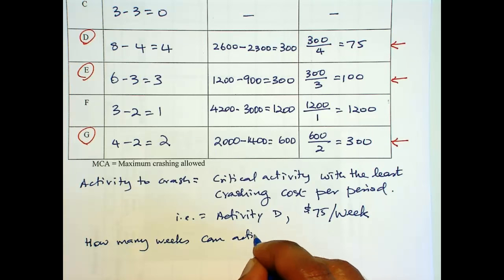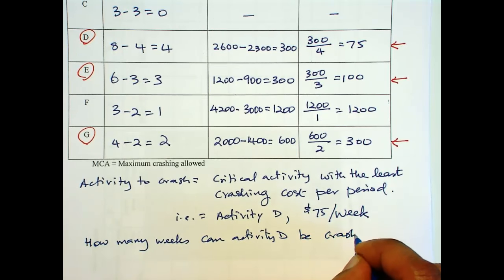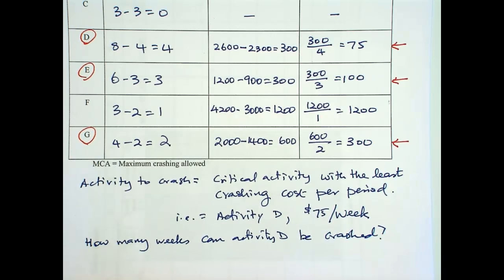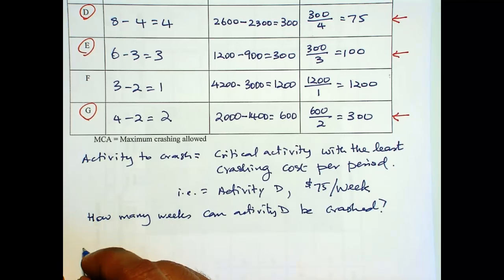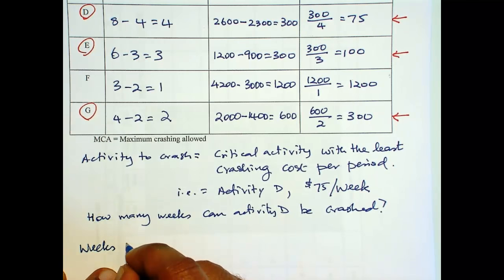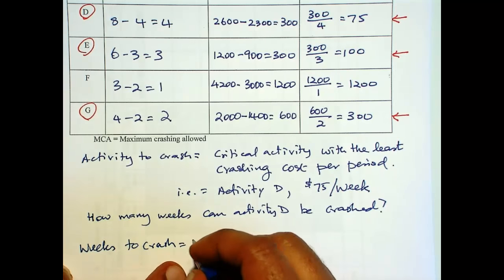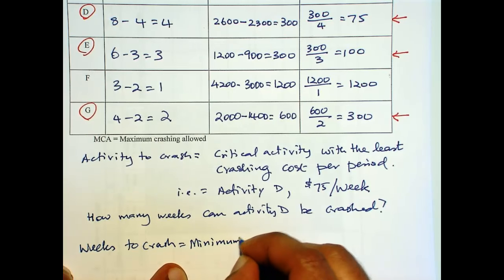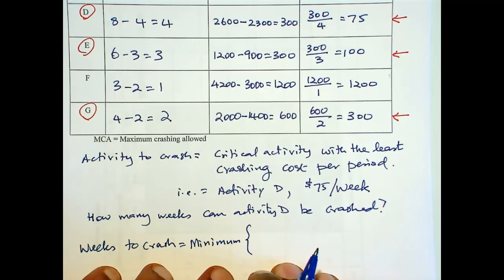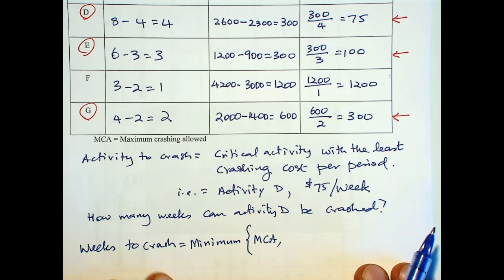This is important, again this is one of the things that students make mistakes. You have to look at two numbers and select the minimum. MCA tells us how many weeks of crashing is possible. For D it is 4.